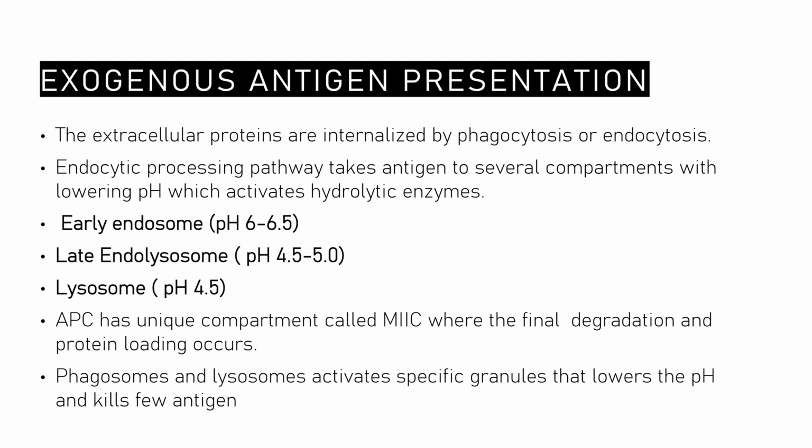So first is the early endosome, with pH between 6 and 6.5, then the late endolysosome, pH 4.5 to 5.0, then the lysosome, pH 4.5. Antigen presenting cells have a unique compartment called MIIC, where the final degradation and protein loading occurs. Phagosomes and lysosomes activate specific granules that lower the pH and kill a few antigens.